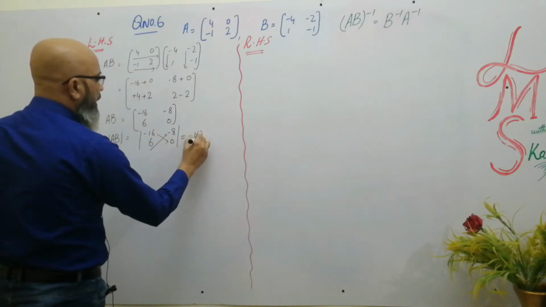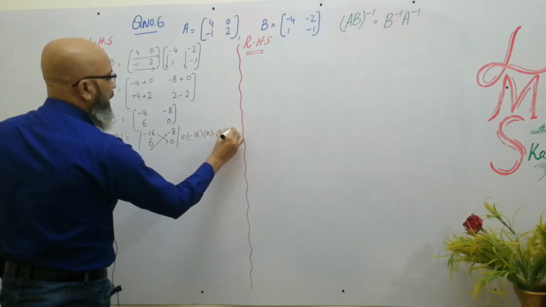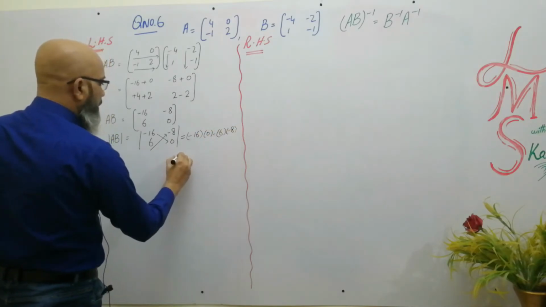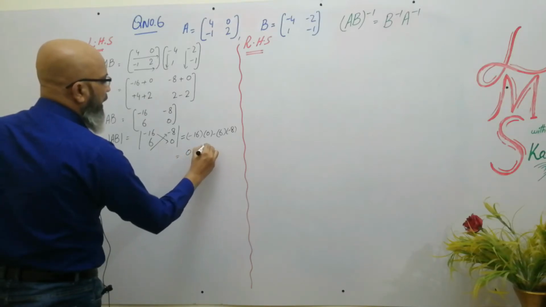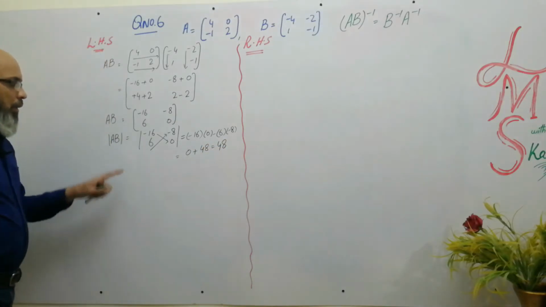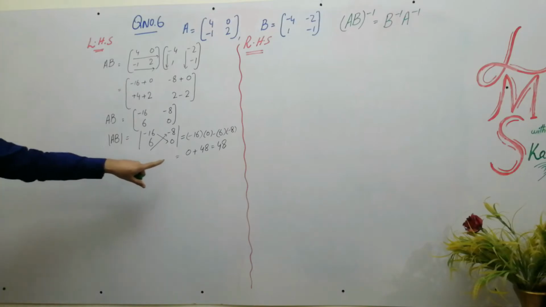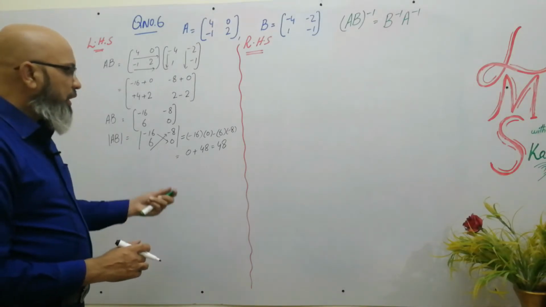Minus 16 into 0 minus 6 into minus 8. So 16 zeros are 0 plus 48 is equal to 48, that is your determinant. So it means it's a non-singular matrix. We can find its inverse. So what is the next step?